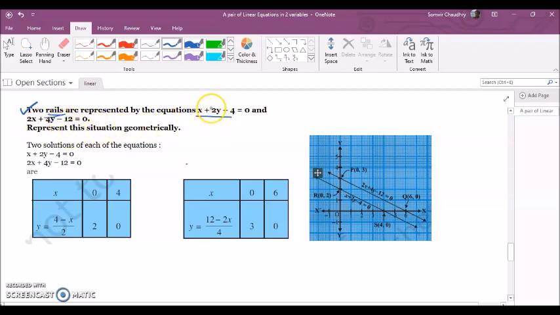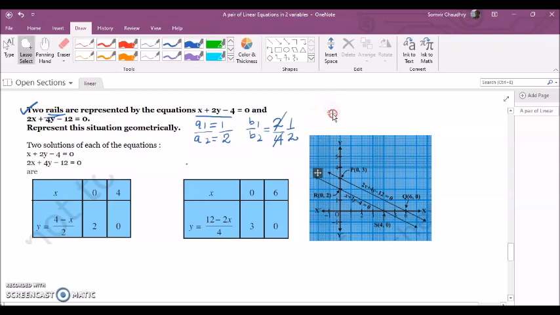If you look at them carefully, here a1 is equal to 1, a2 is equal to 2, so the ratio is 1/2. Now here b1 by b2 is equal to 2 upon 4. Again this is 1/2, right?